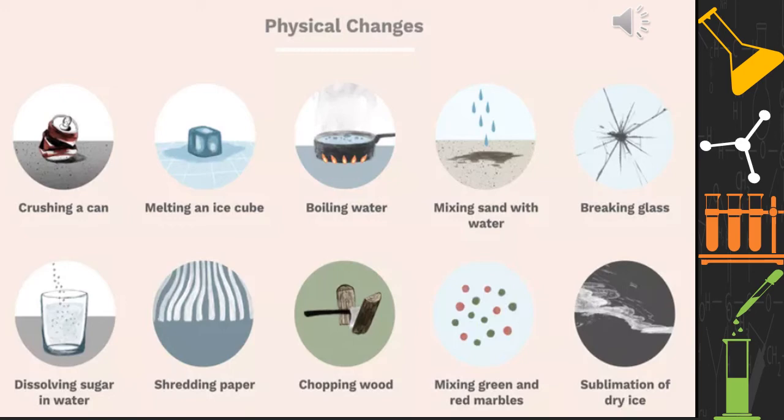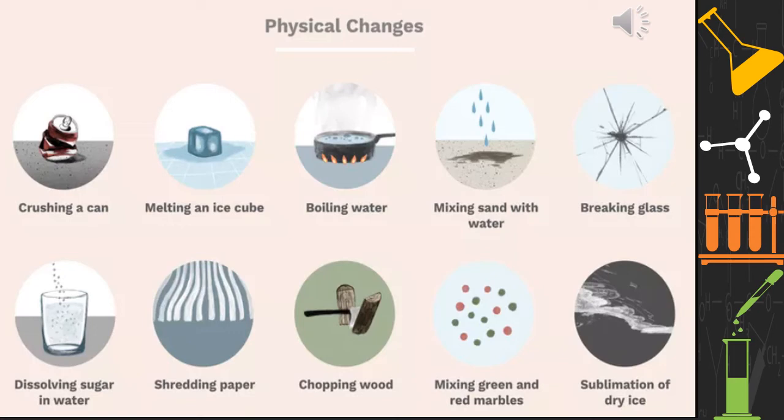Only the size is being changed. Hence, it is a physical change. Dissolving sugar in water gives us sugar solution. On evaporation, you can obtain sugar back. So, this is just physical mixing of sugar in water, which does not give us a new substance. Hence, it is again a physical change.